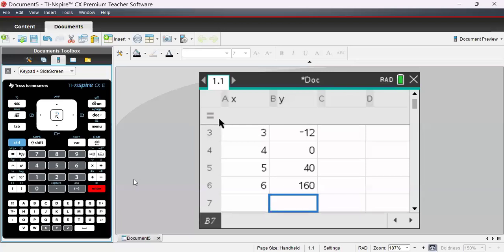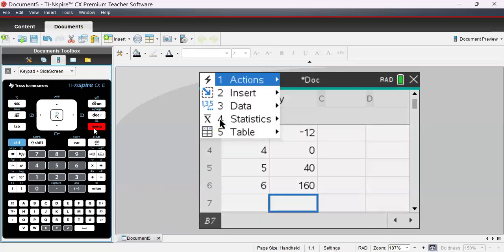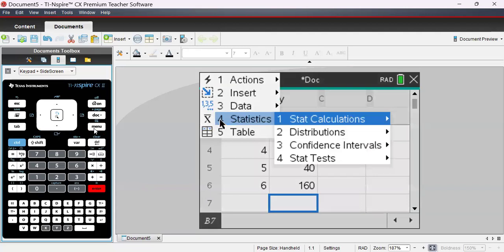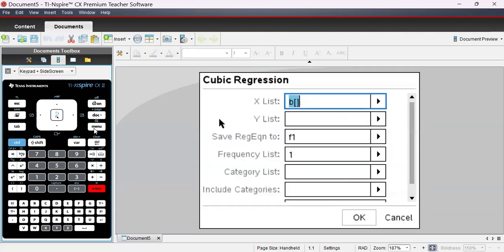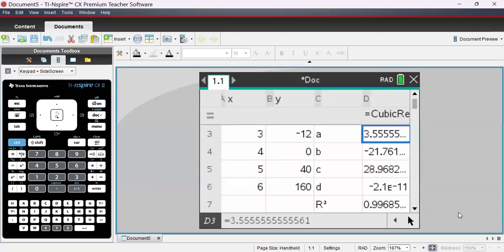The first one they asked for is a cubic. So let's find the cubic. All right, and they do ask for 3 decimal places again. So A is 3.556. B is -21.76.